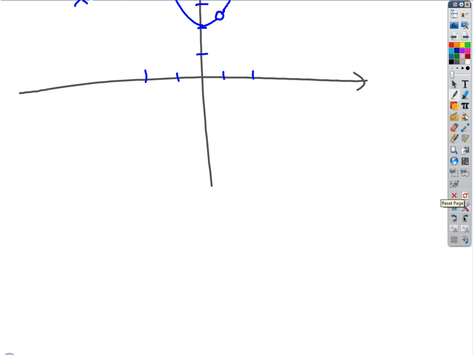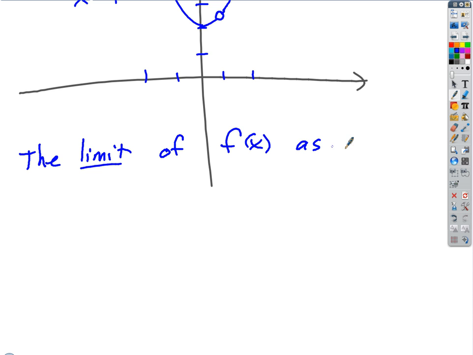These are the words we would use to describe it. We would say the limit of f of x as x approaches 1.